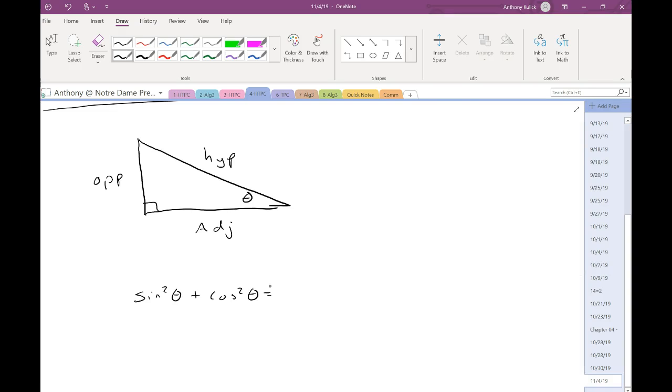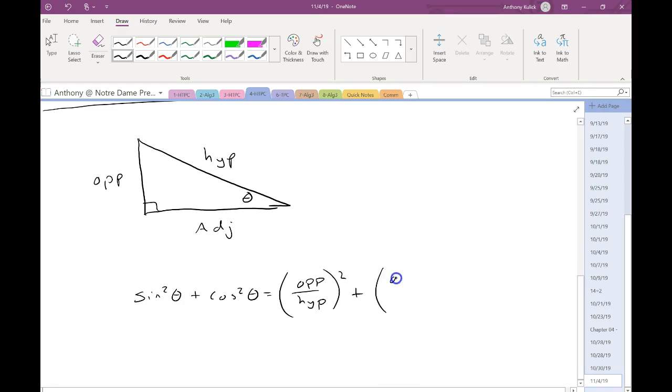Using my right triangle definition, I know that sine is opposite over hypotenuse, right? So sine squared is going to be opposite over hypotenuse squared. Similarly, I know that cosine is adjacent over hypotenuse. So cosine squared is going to be adjacent over hypotenuse squared.